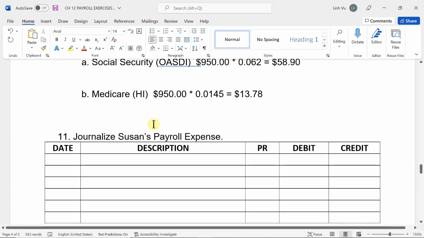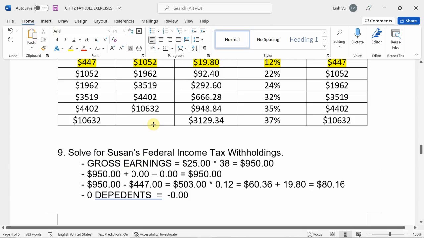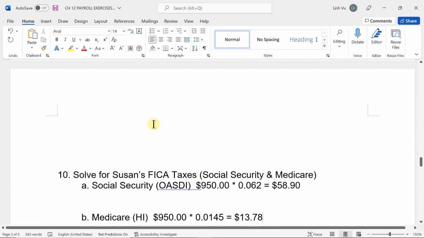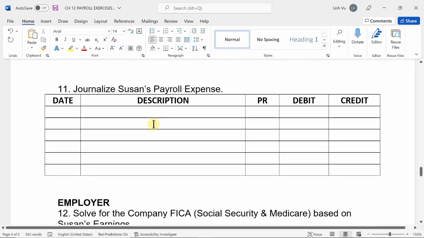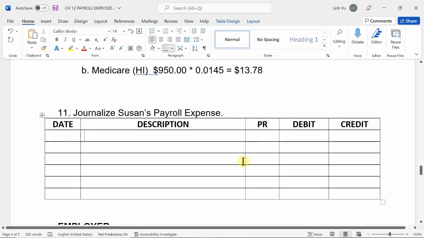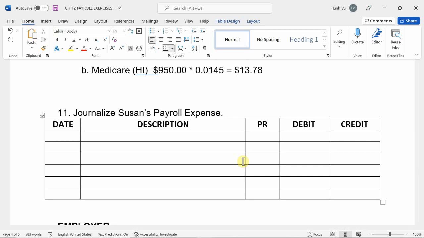Now that we finish calculating her federal taxes, let's journalize this transaction to give her paycheck. How do I journalize this transaction? You debit salaries and wages payable, or however you've named it, for the 950.